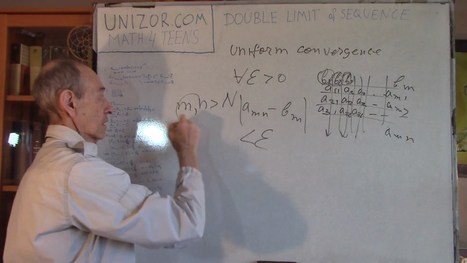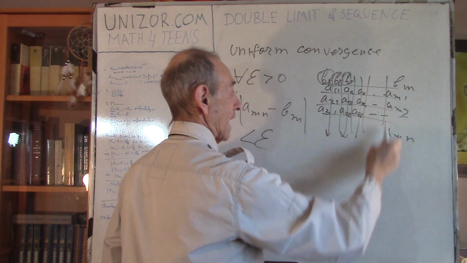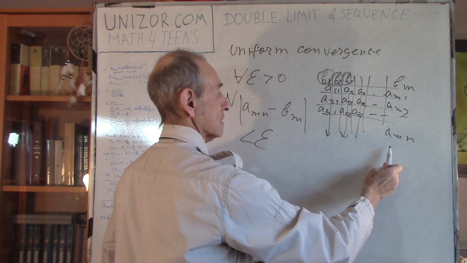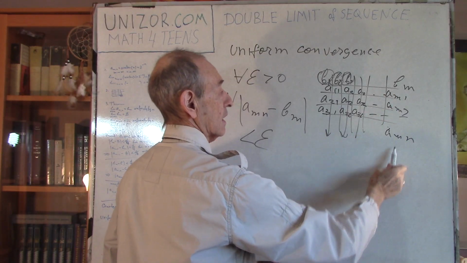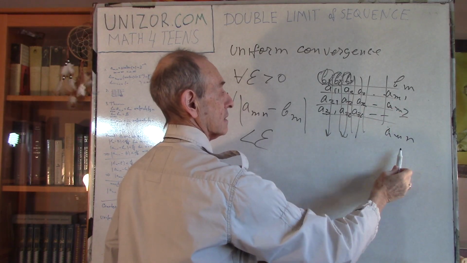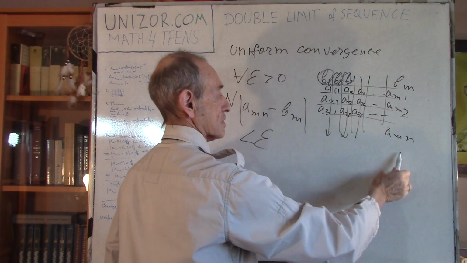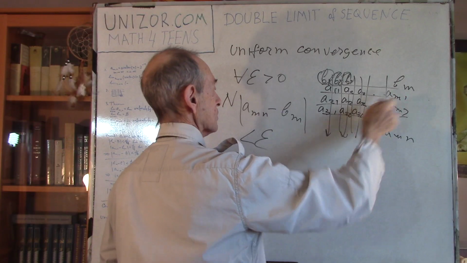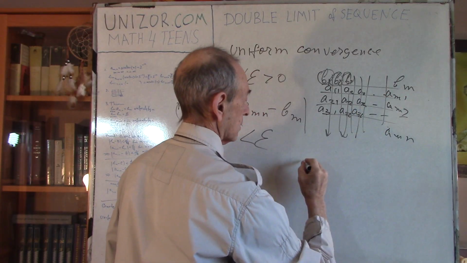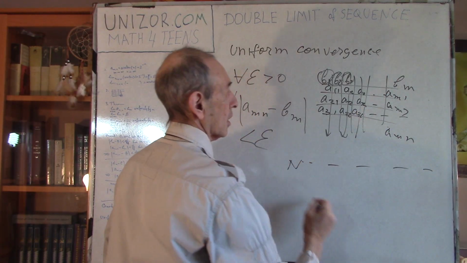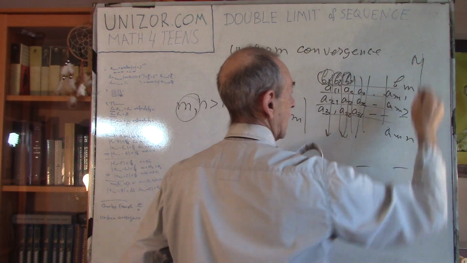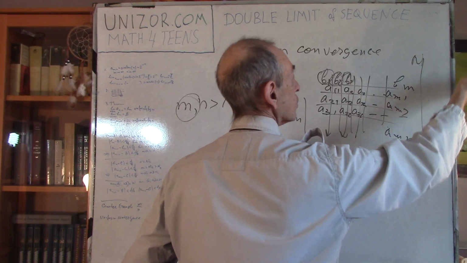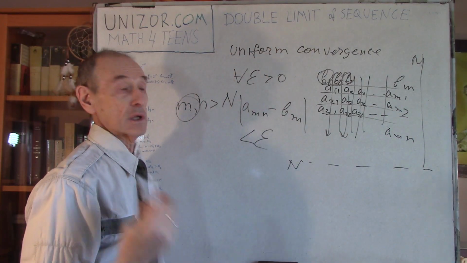That's what's important. So not only does each row, if m is fixed, contain the sequence indexed by n whose elements are close to this limit after a certain n. But also after a certain n, all these would be as close to their corresponding limits.